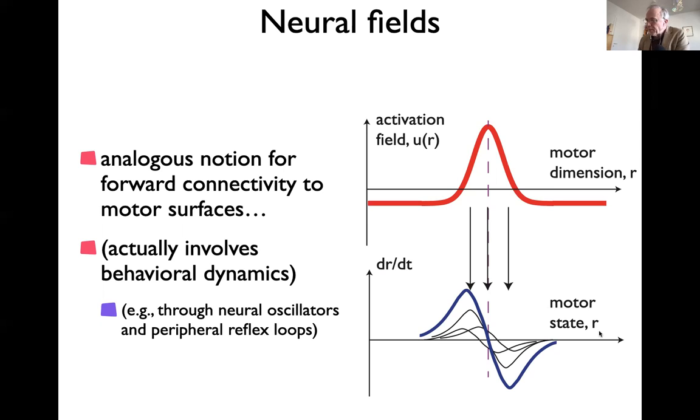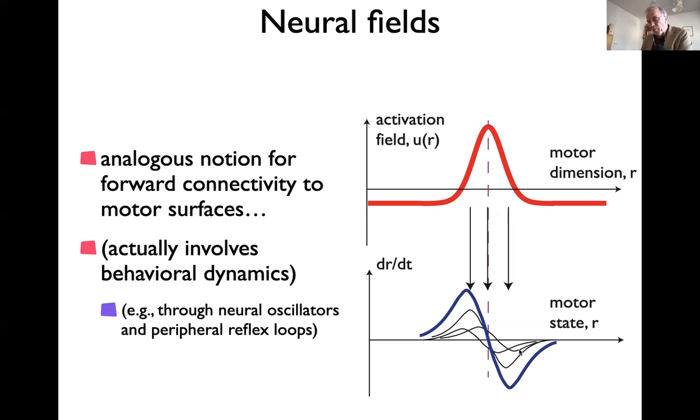It's a little bit more complicated because in reality, there is never such a thing as reading out a peak. Motor actually always amounts to ultimately some kind of behavioral dynamics, as I talked about in the Braitenberg lecture, which is why I plotted this here as a dynamical system, that the motor state's rate of change is a function of motor state, and what the field does is erect an attractor for that state.